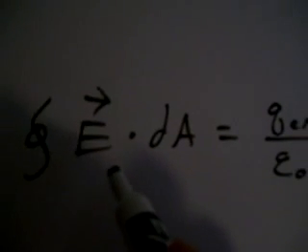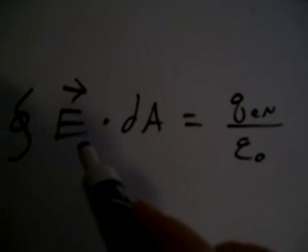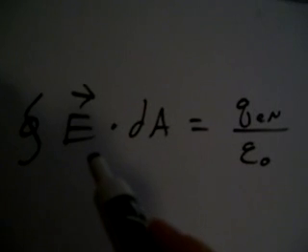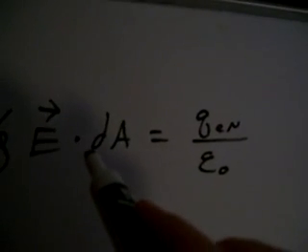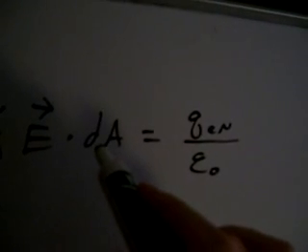So now we'll go back to Gauss's law, and because we have the Gaussian sphere, these things are just going to be a multiplication. E is going to be a constant, so we can take that out, and then it'll just be an integration of the derivative of A, which is just going to be A. So E is going to come out, and it's going to be multiplied by A. I'm just going to integrate it right off the bat.